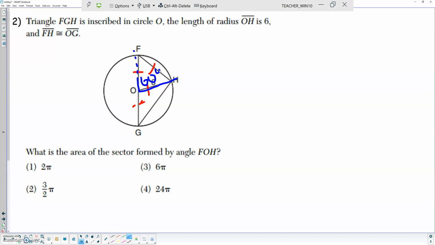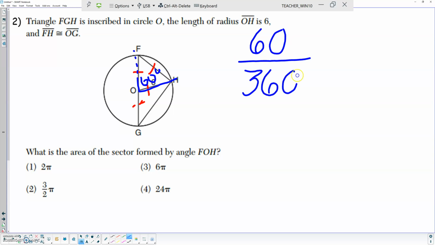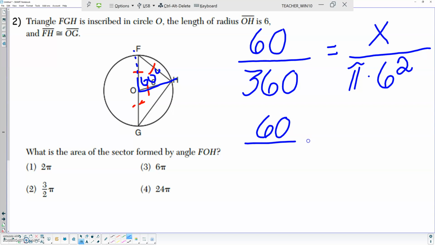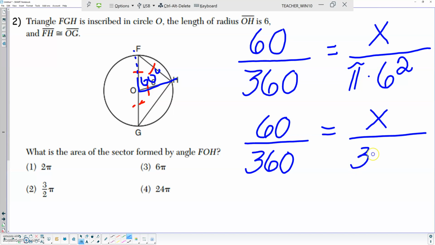Now we can set up our proportion. It's going to be 60 over 360 equals area of the sector, which is what we're trying to find, over pi r squared. So we get 60 over 360 equals x over 36 pi.